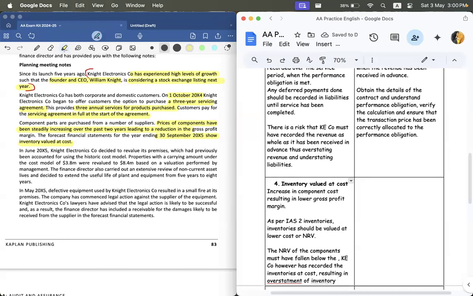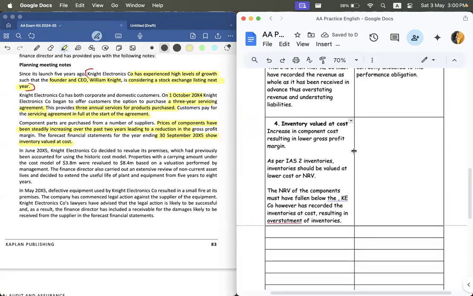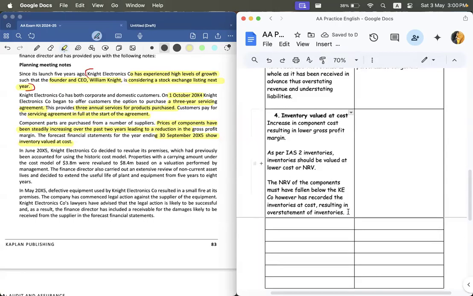Understood? Overstatement of inventories. Ma'am, we have to write in proper wordings? Every student has that doubt. Don't go by my words, okay?